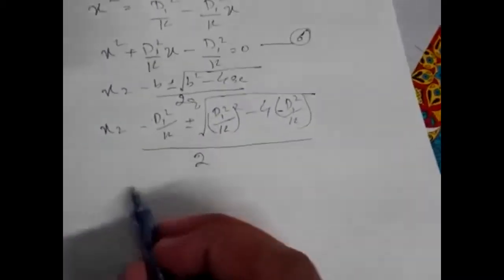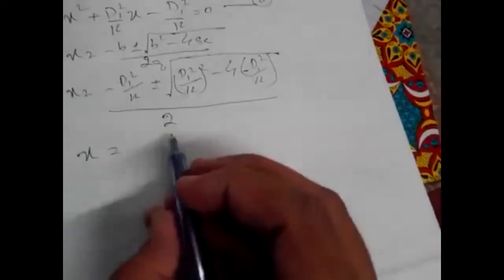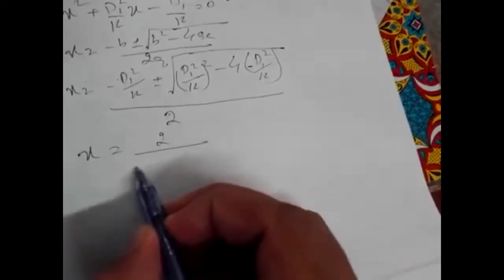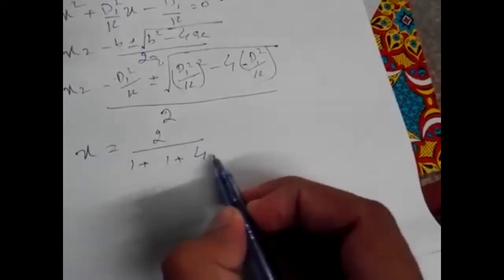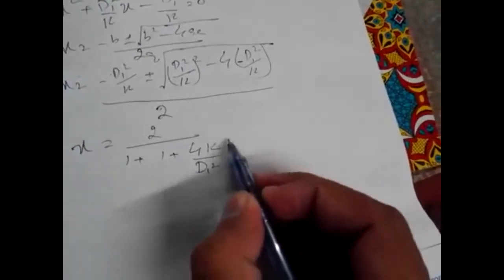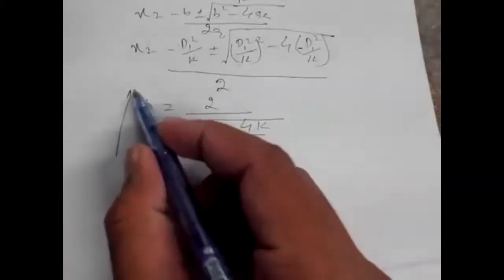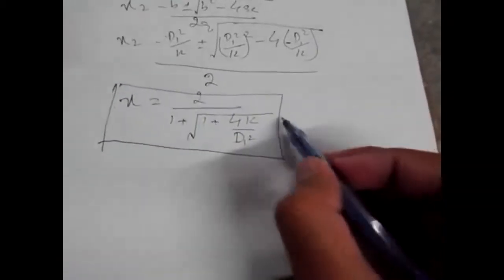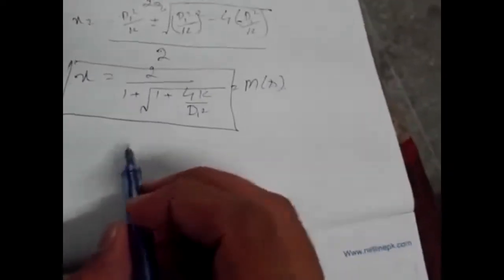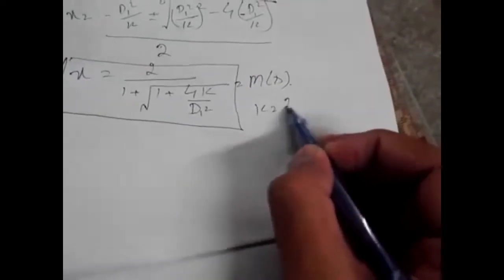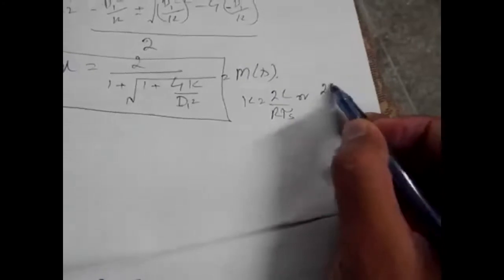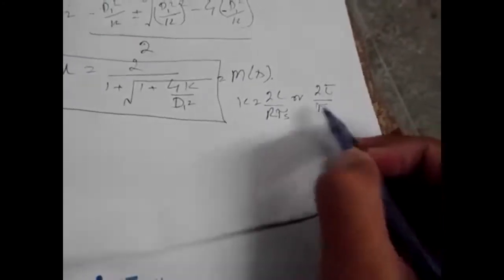From it you get the value 2 by 1 plus the square root of 1 plus 4K by d1 square. So this is the final equation for it, where K is equal to 2L by R Ts, or 2 tau by Ts.